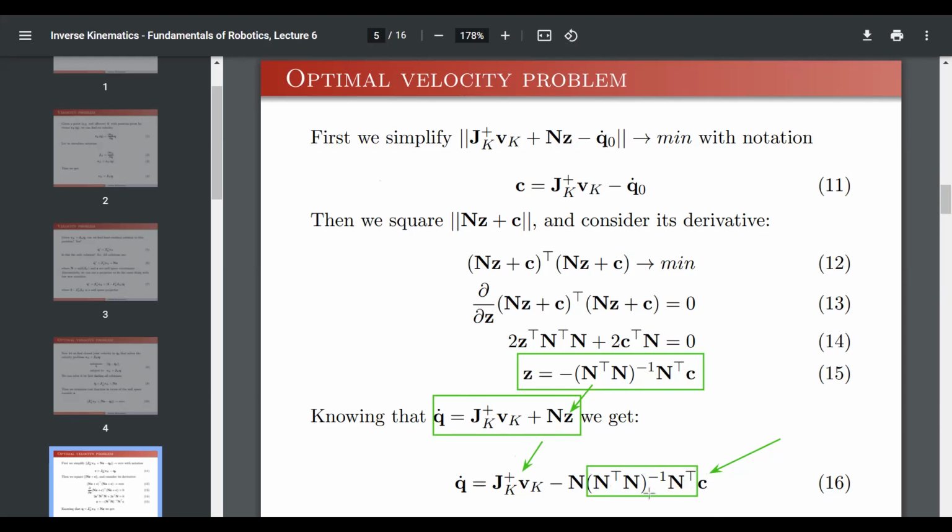Which is, if it is an orthonormal matrix, the same as n transposed. And why? Because if it is an orthonormal matrix, as I said before, this is identity. But we don't have to assume it is orthonormal, right? For our derivations, this is the pseudo-inverse.